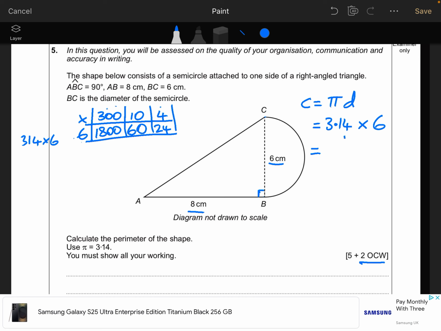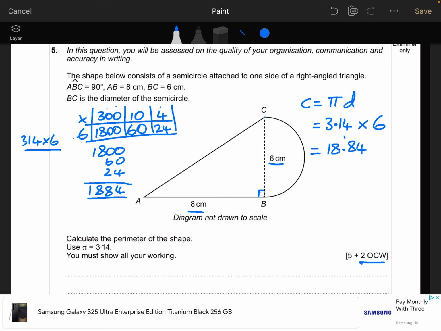Adding those up, 1800, 60, 24, gives 1884. So 1884 is 314 times 6. So 3.14 times 6 is going to be 18.84, 2 decimal places in there.